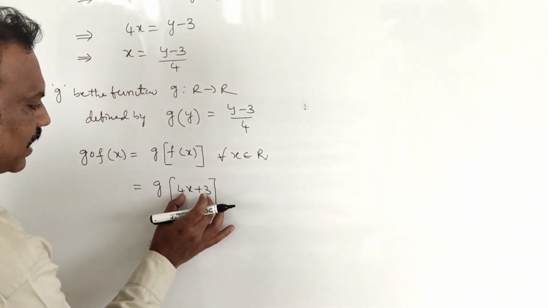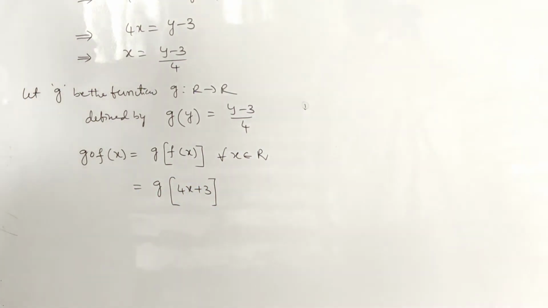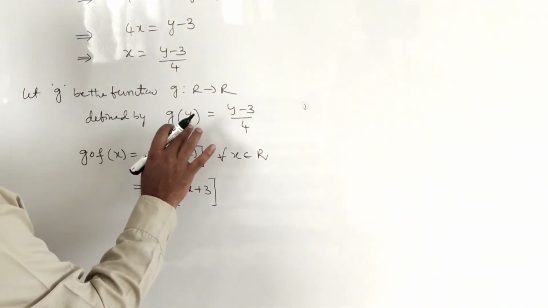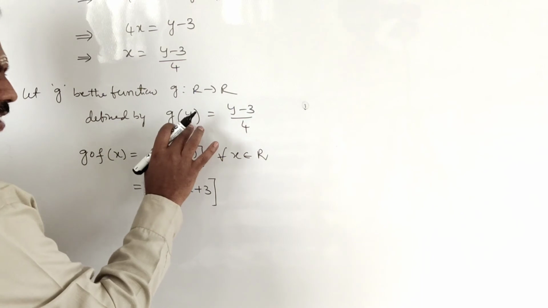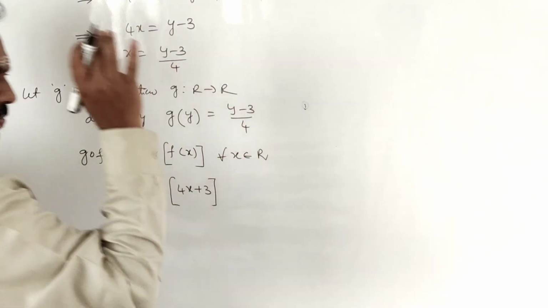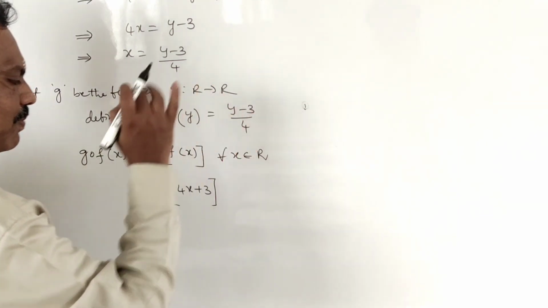This 4x plus 3 we are going to replace in g. In g where we have to replace? Simple. After g we have variable y, so in the y place we have to replace. So this total value we are going to replace on y.